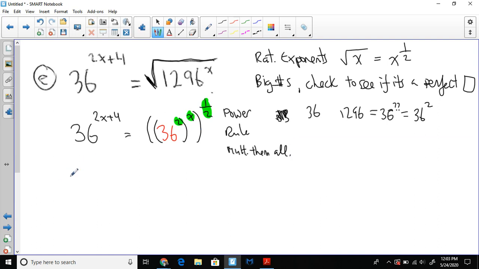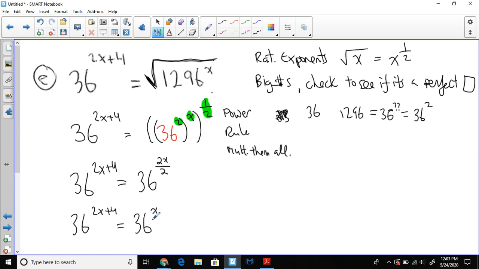All right. So this side is still chilling. 2x plus 4 is my exponent equals 36. Well, what does this become? 2x times a half, right? So 2x over 2, which can be simplified to just 36 to the x, okay?